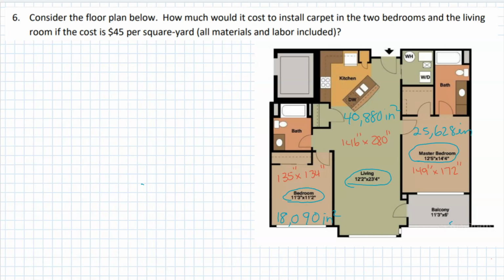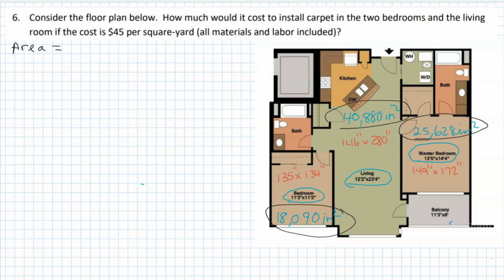25628 square inches. Okay, so in total, the area that you need to put carpet in would be the sum of all of these areas added together.